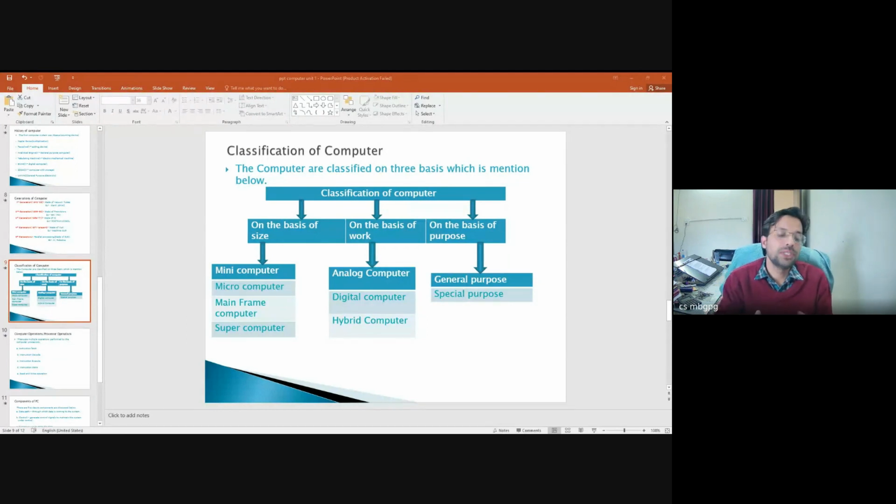It uses physical data. So anything that is variable with respect to time and continuous can be claimed under analog computer systems.